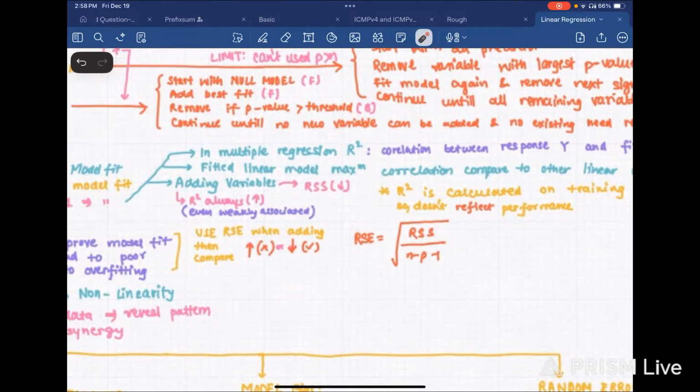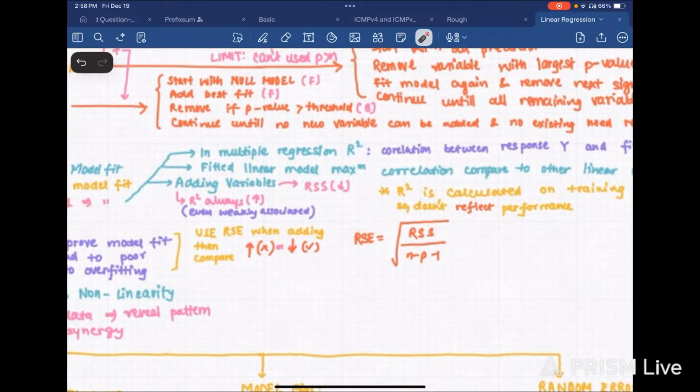When adding a variable, the RSS decreases, and R square always increases, even when the variable is only weakly associated. When removing a variable, RSS increases.